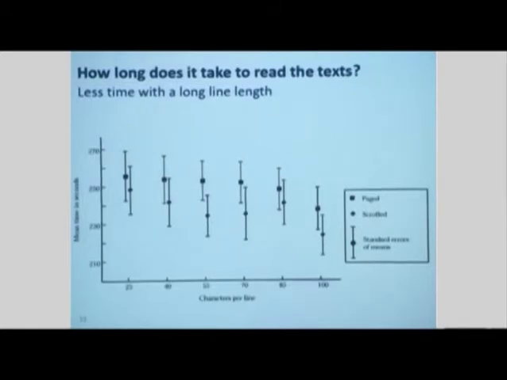And along the bottom, we've got the 6 different line lengths. So as you move from left to right, the lines get longer. You'll see bars on each of the data points, and this indicates the variation among the different participants. But there's a general trend to get quicker as the line is longer.